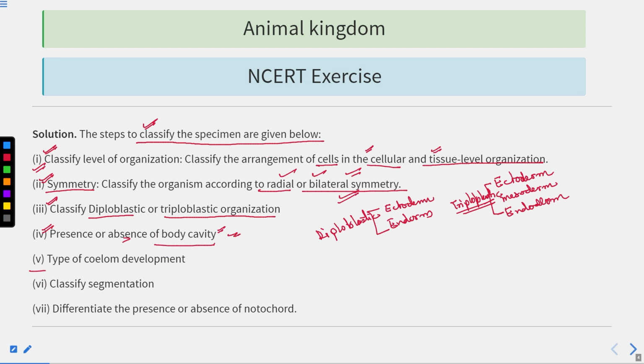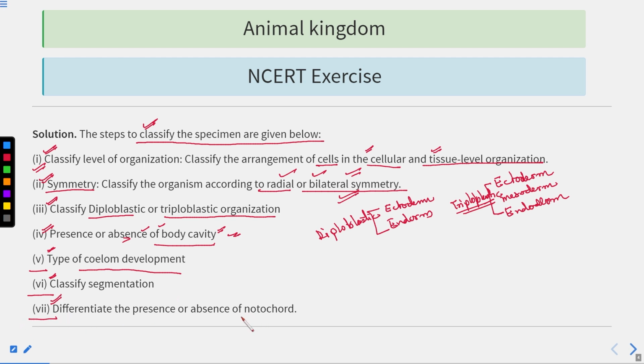Next is the type of coelom development. Here you will see the presence and absence of body cavity, and the type of coelom, whether it is a true coelom, pseudocoelom or acoelom. Classify the segmentation, whether they have true segmentation or false segmentation. Differentiate the presence or absence of notochord.